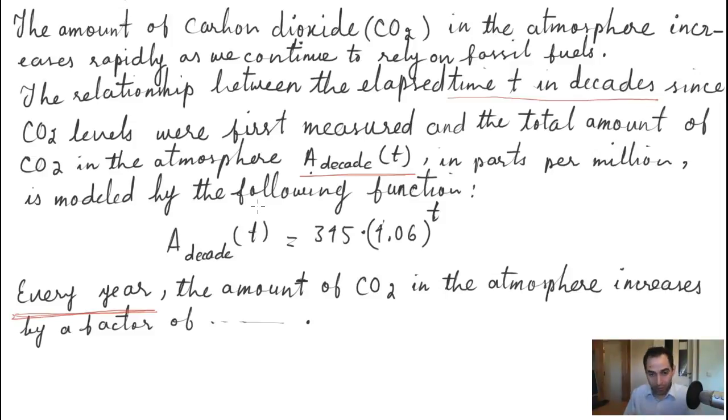Now this function takes inputs in decade units, and then it gives me some sort of output corresponding to that input. Now I want to know what's happening every year. So based on this, I need to create another function.